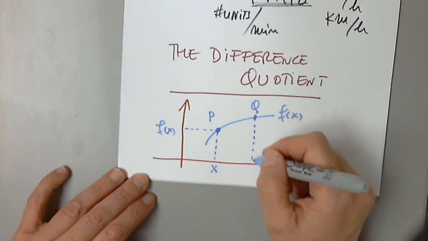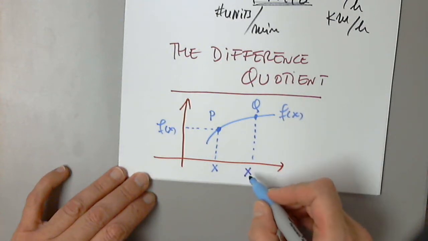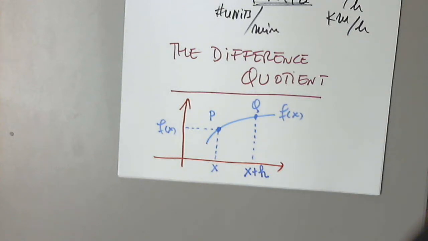So the x coordinate of Q is x plus a little bit. That little bit is denoted by lowercase h. So imagine that P and Q are very close to each other. P has coordinate x and Q has coordinate x plus a little bit.